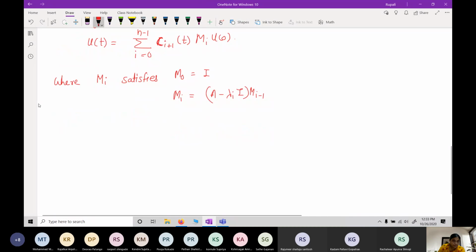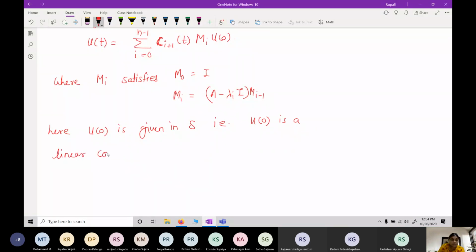Now what is given here? u0 is in S. So u0 is given in S. That is, I can write u0 as a linear combination of generalized eigenvectors corresponding to which eigenvalues?